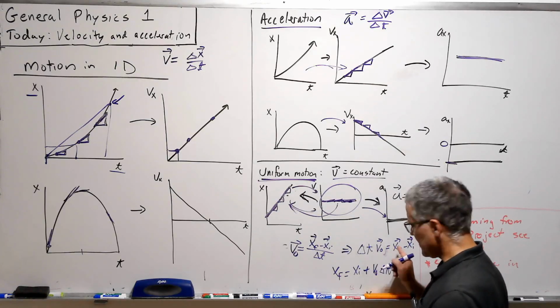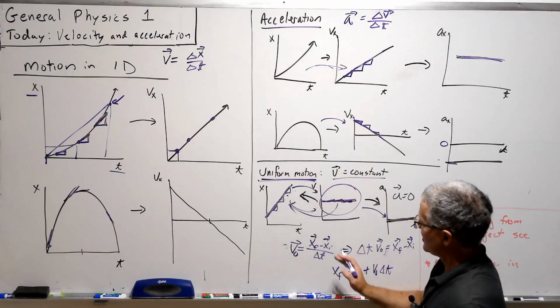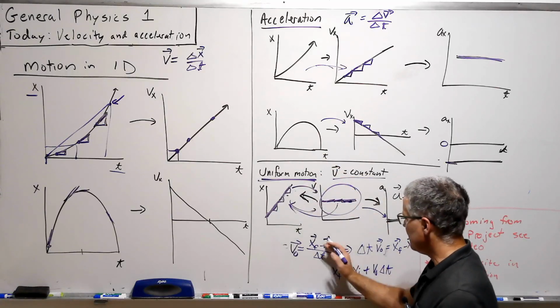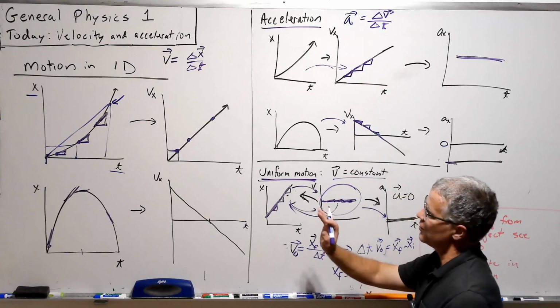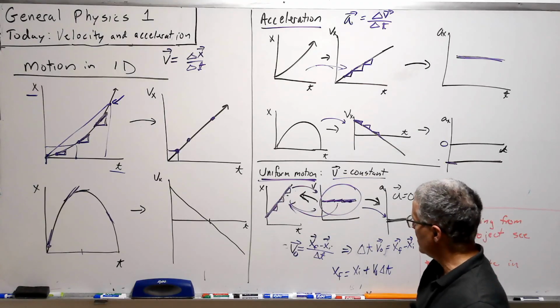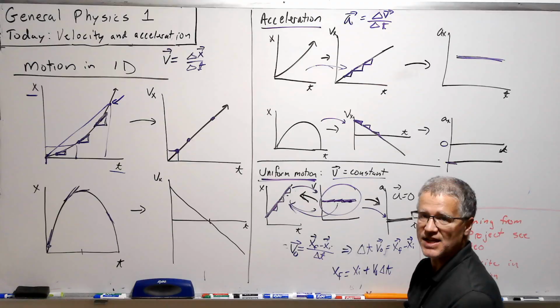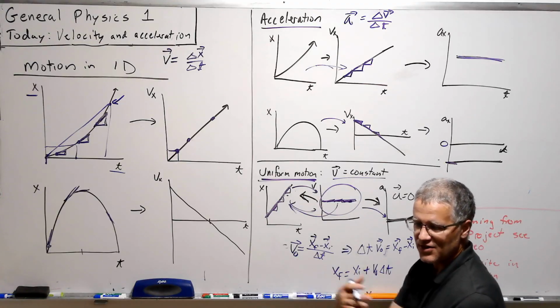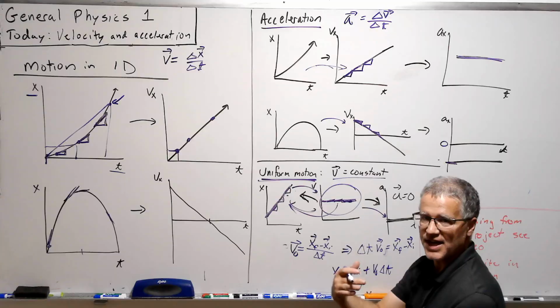Now, you've caught me here a couple of times not putting the vectors on it. We're actually going to do that here with 1D motion, because we don't really need the vector symbol as long as we keep track of positive and negative, because in one dimension there's only the positive direction or the negative direction.